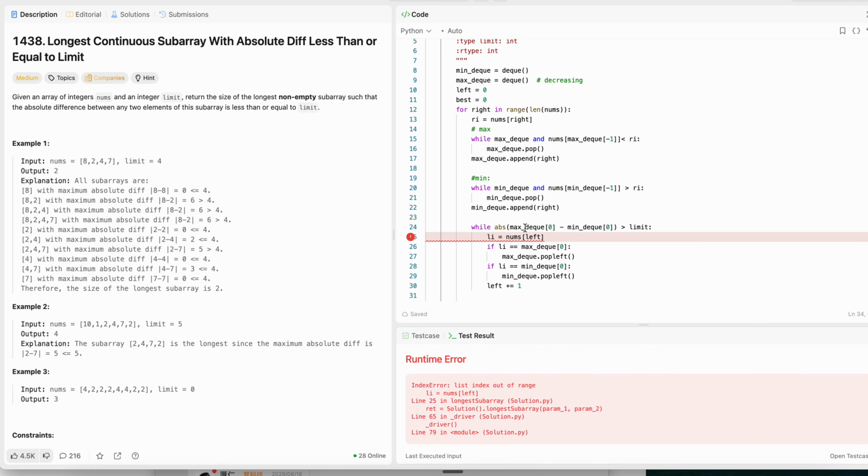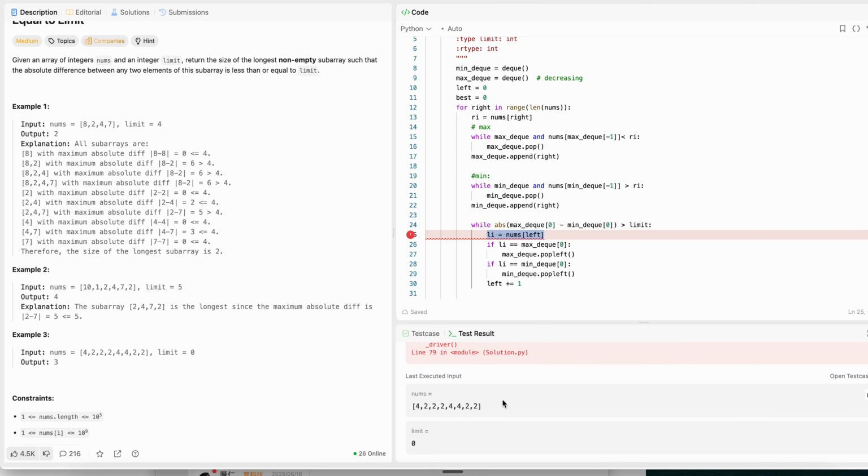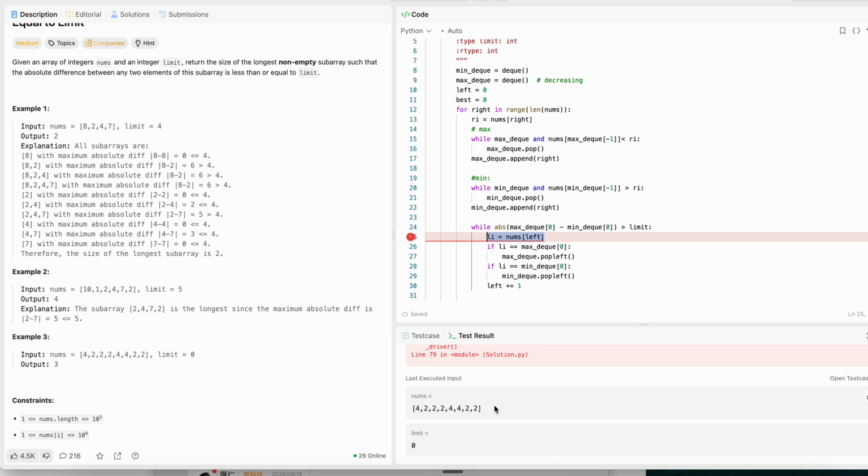Let me think how to do this. When we shrink, it is possible that... okay, let me think why this happens.